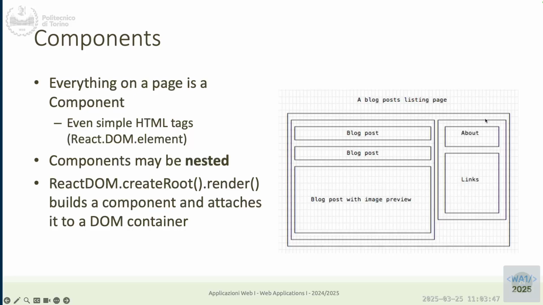And then we have another part of the page that is completely different, and we define components for that. So we don't need to think of the page as a whole. We need to think of the page as a set of areas, of components, for which each of them just needs to identify which are its arguments, its properties that are needed to be rendered. If I need to render a post, I need, of course, to give it the title, or the link, or the image, or the text.